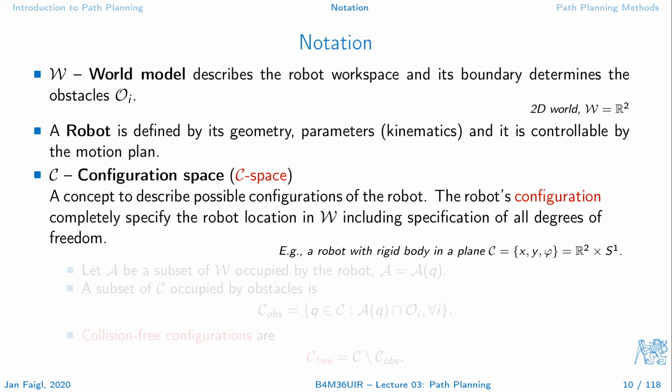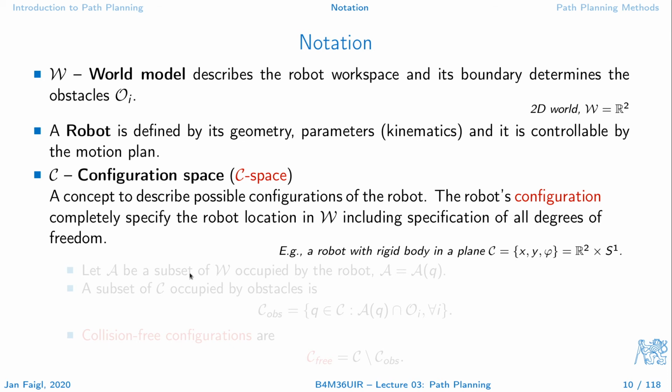But in a 2D world, you can have a robot with a rigid body in a plane that has three free configuration variables. So it's a position x and y and orientation. So this is the difference between the world model and the configuration.